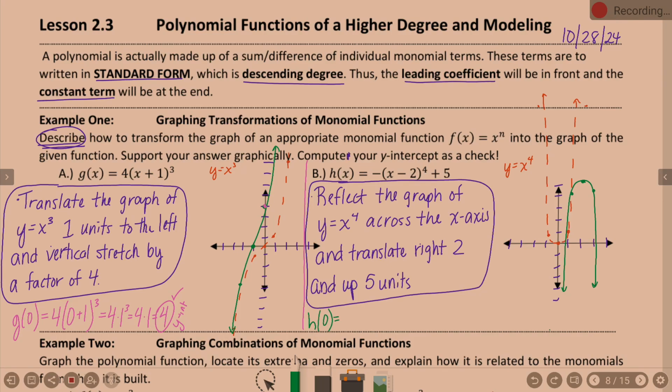If you plug in 0, the negative of (0 minus 2) to the 4th plus 5. 0 minus 2 is negative 2. Negative 2 to the 4th is 16. But it's the negative of 16, plus 5, which is negative 11. Is that what you would expect? That's what I was expecting personally. Yeah. It's not on my graph, but it makes sense.